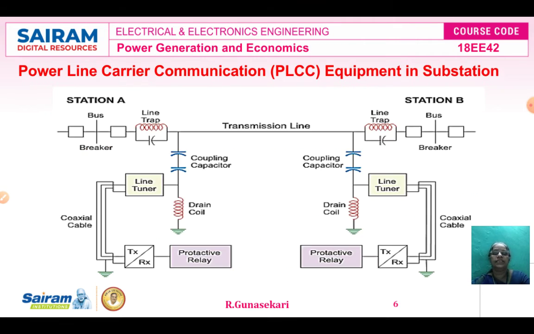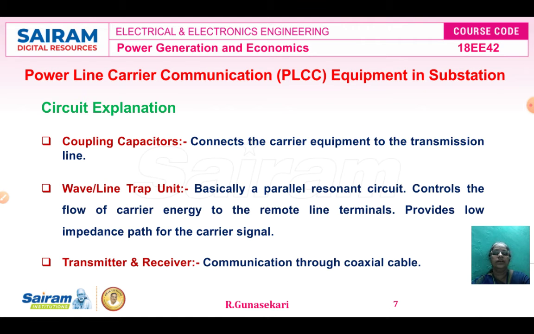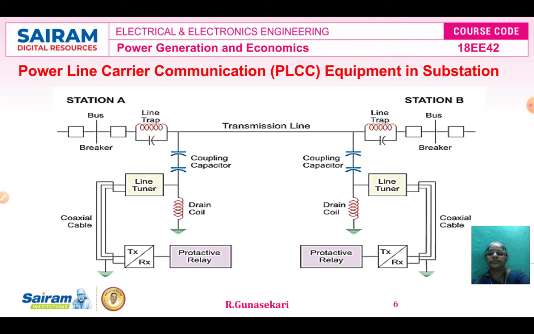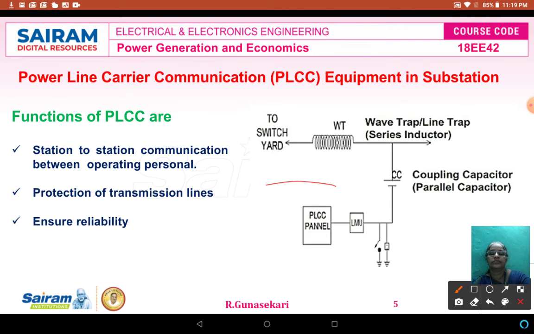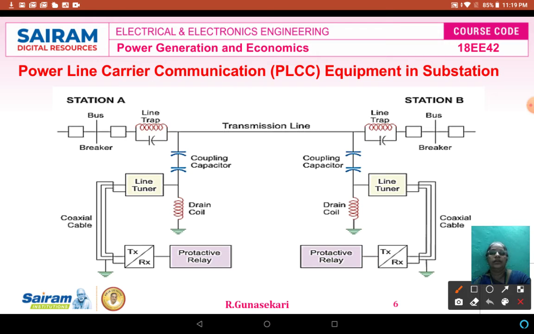Now you see the circuit diagram. This is the wave line trap equipment. The inductance and the capacitance are both connected in parallel to make the wave or line trap equipment.